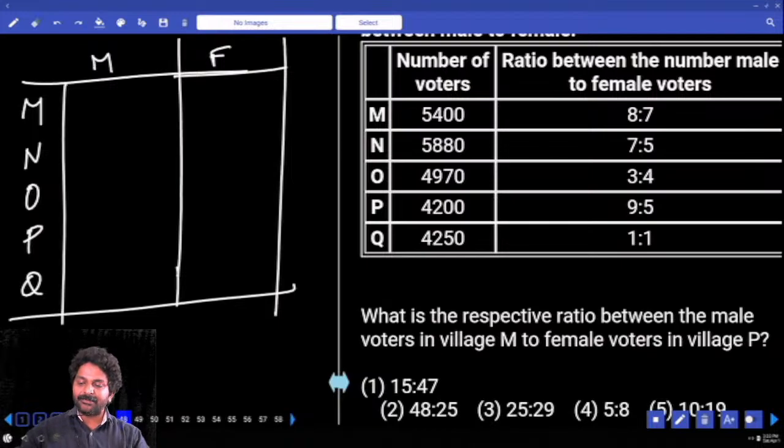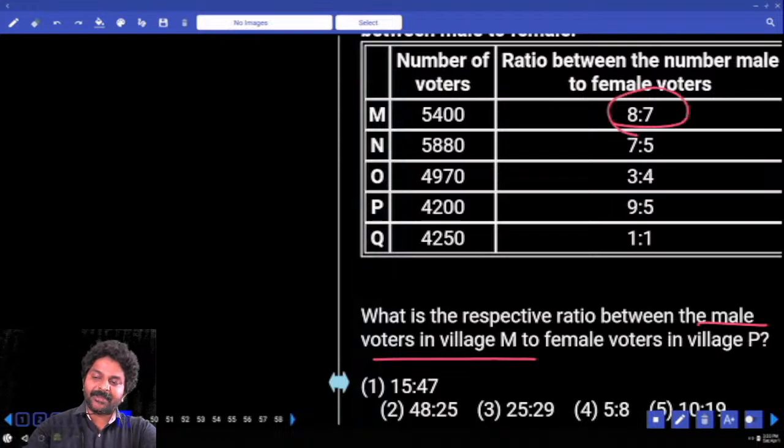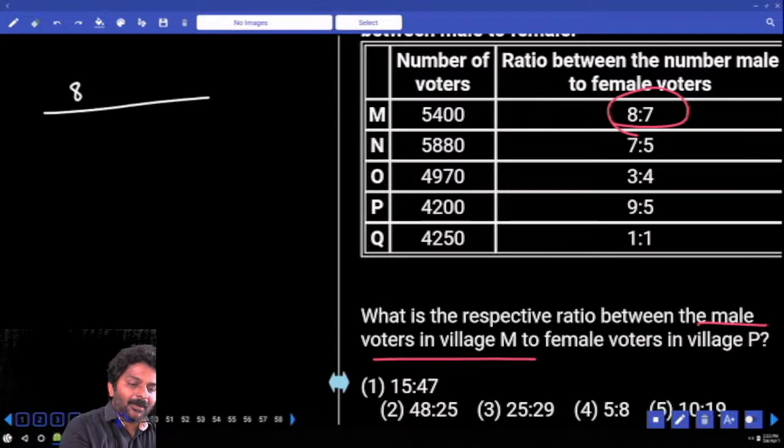What is the respective ratio between male voters in village M to female voters in village P? Right. Ratio. Avuna kada? Male voters from village M. Total how many parts we have? How many are male? So I'll write it as 8 out of 15 among 5,400.